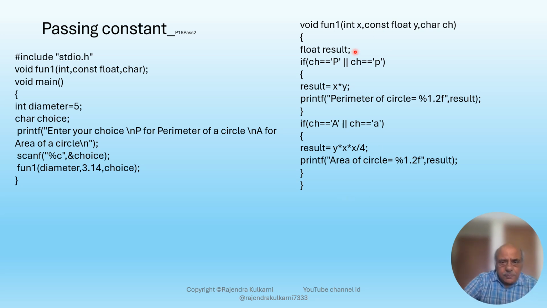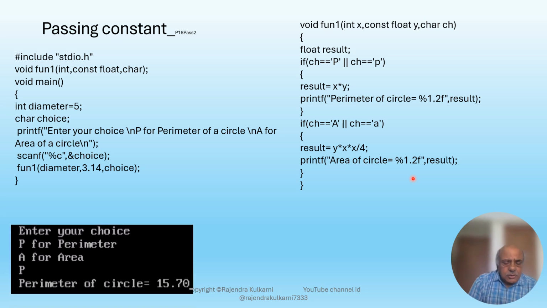So when the user inputs p, he will get the perimeter of a circle as the output. When the user enters a, he will get the area of a circle as the result of execution of this function. When I ran this program, I first entered perimeter p as my choice.